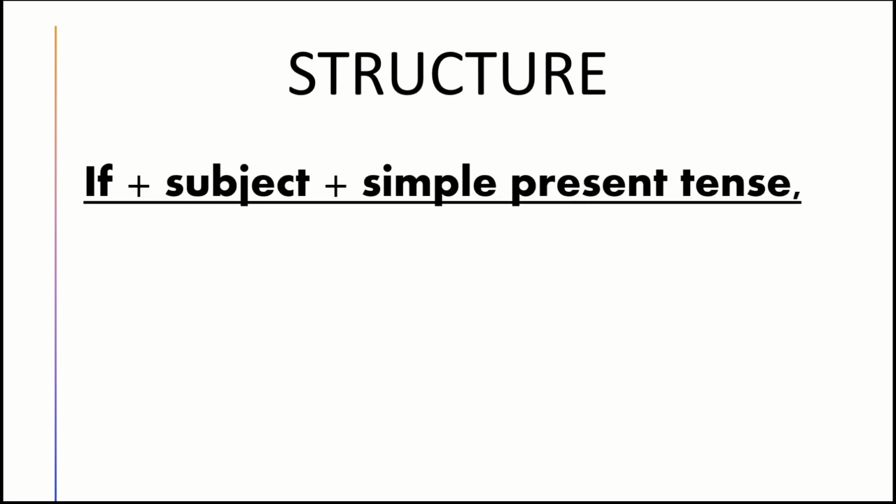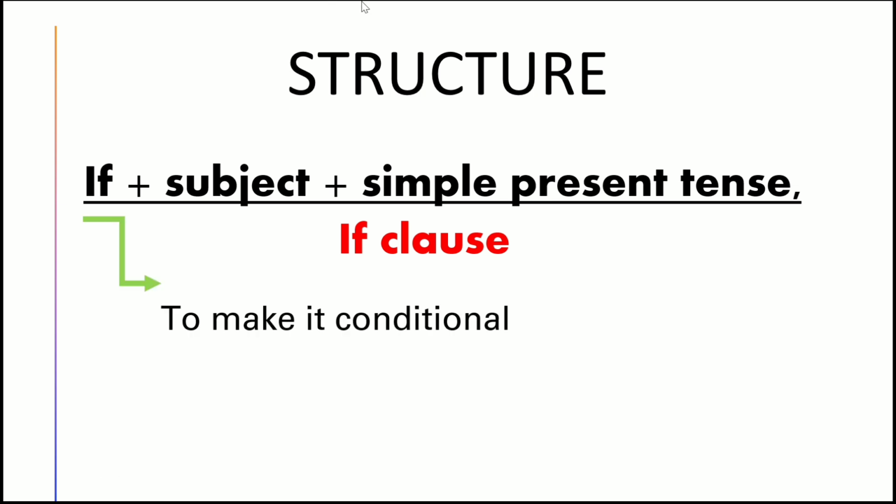To visualize it clearly, we are going to have the if, subject, simple present tense as our structure in the if clause. Now, why do we need to use if? We use if here to make it conditional. Okay? Gumagamit tayo ng if para maging conditional ang ating sentence.